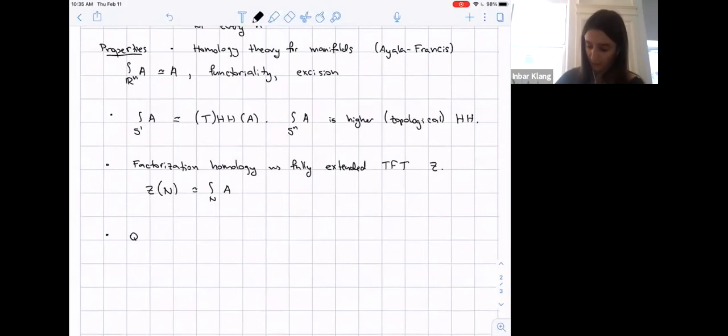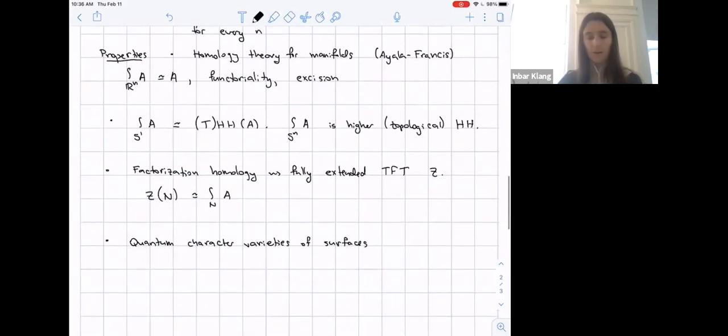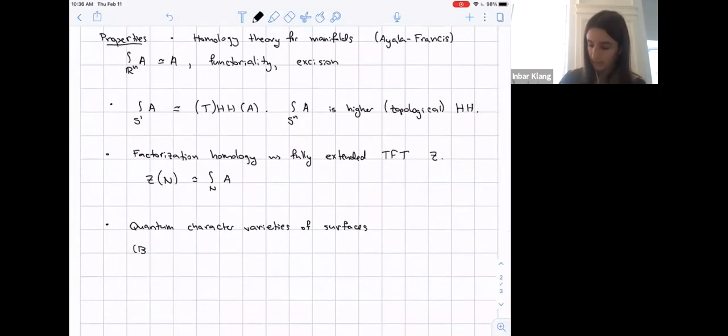And maybe I'll also sort of briefly mention that in geometric representation theory, quantum character varieties of surfaces are also approached via factorization homology. So this is due to Ben-Zvi, Brochier, and Jordan.